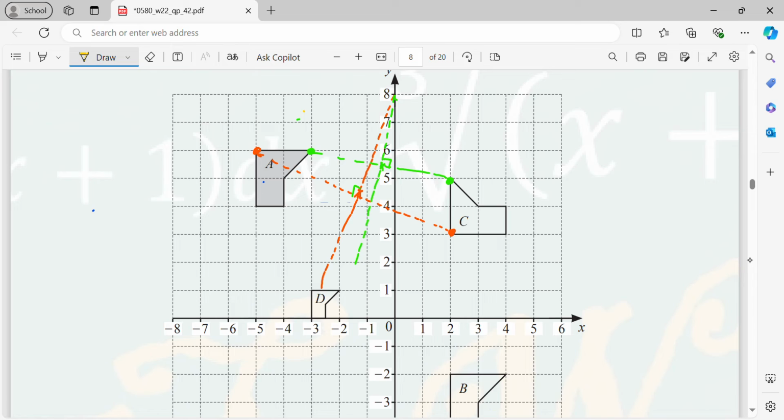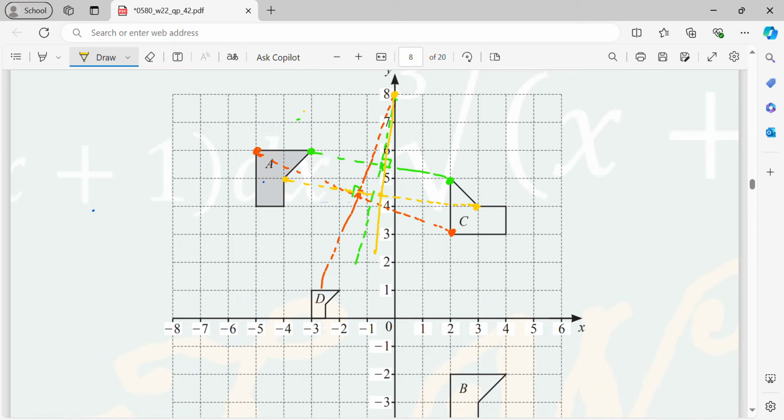The next point, I can use this point, which corresponds to here. Just join them using a ruler. My diagram may not be accurate because I just simply drew the dotted line. Then you get the midpoint and again draw the perpendicular bisector. You will be getting the perpendicular bisectors cutting at point B. That means this is the center of rotation.